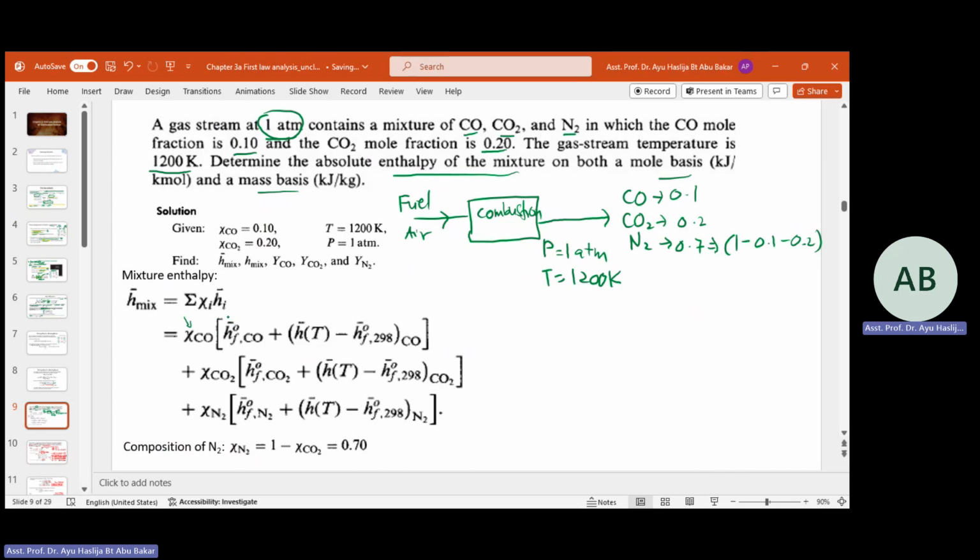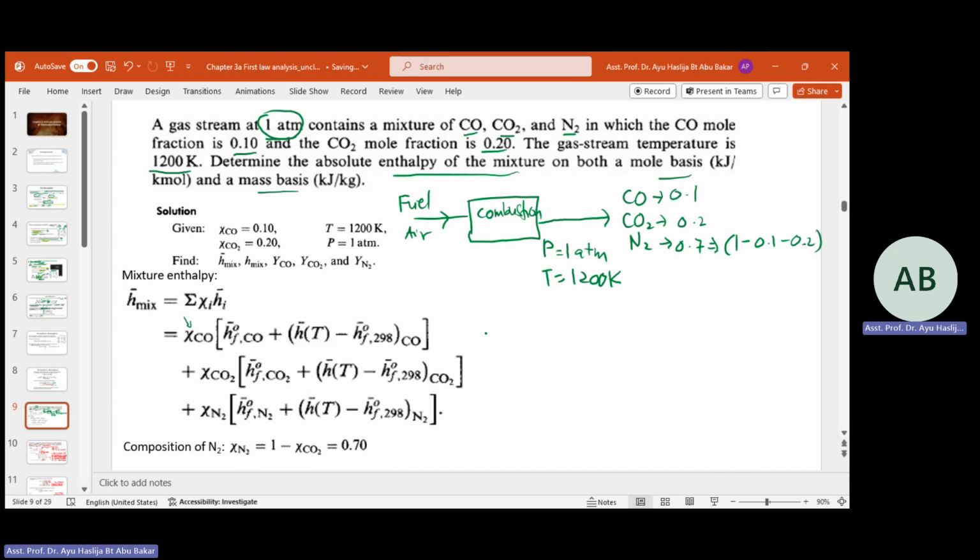This one is for CO. First part is for CO, plus for CO2, plus N2. Okay, so we need to collect all the info first before you can proceed with the calculation.